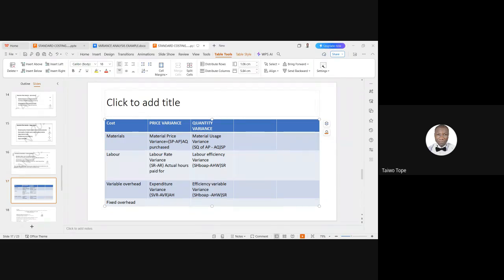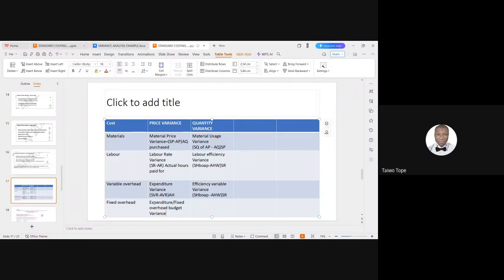So in terms of fixed overhead expenditure, what are we going to look out for based on the formula? You can be asked to determine your expenditure, or fixed overhead budget variance.